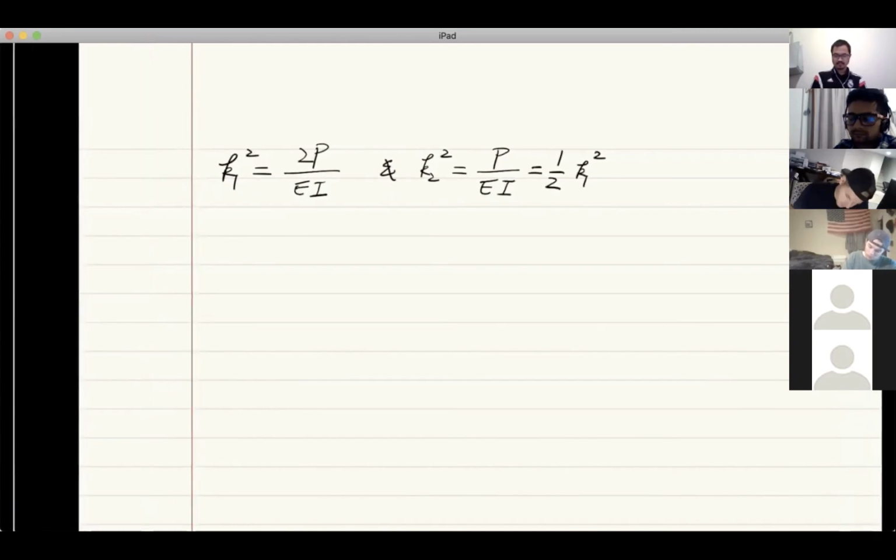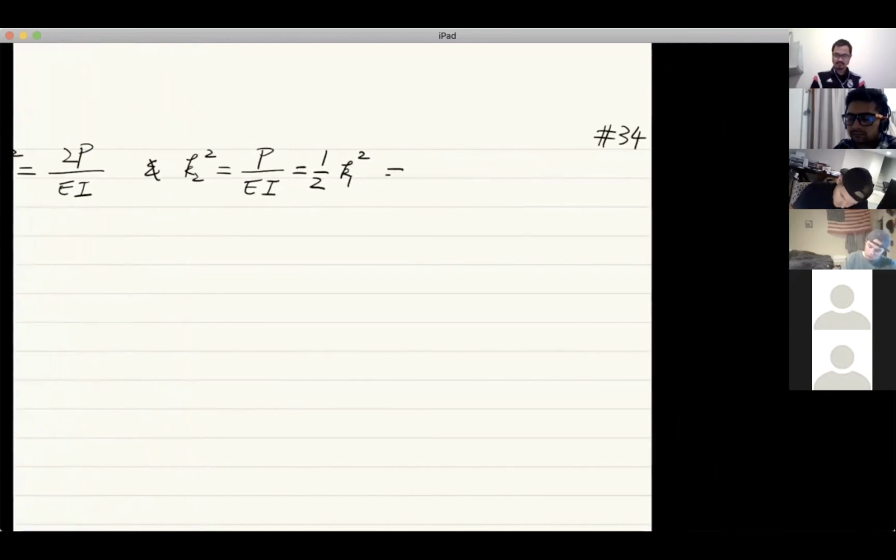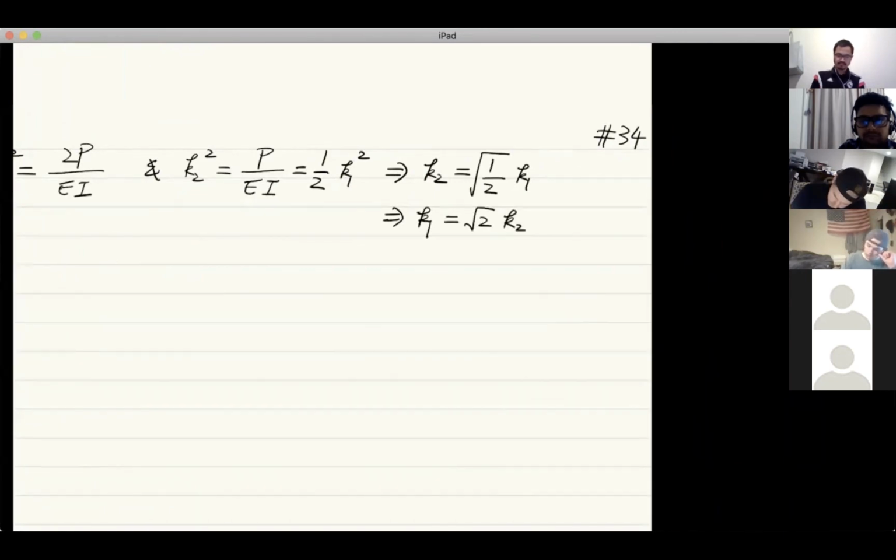Therefore, what's the relationship between K1 and K2? Well, from here, you will already have it. That means K2 is just the square root of 1/2, right? Or you can also say that K1 is just the square root of 2 times K2. Either way, right? Maybe you like this expression better.